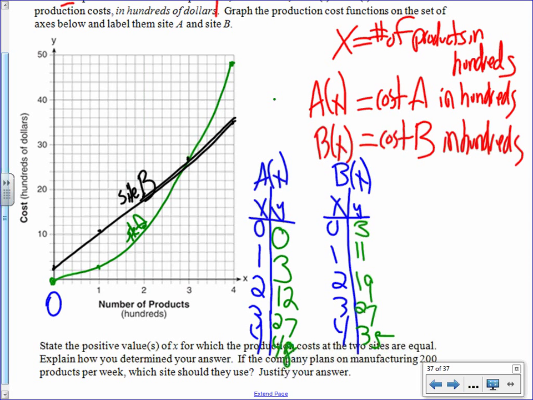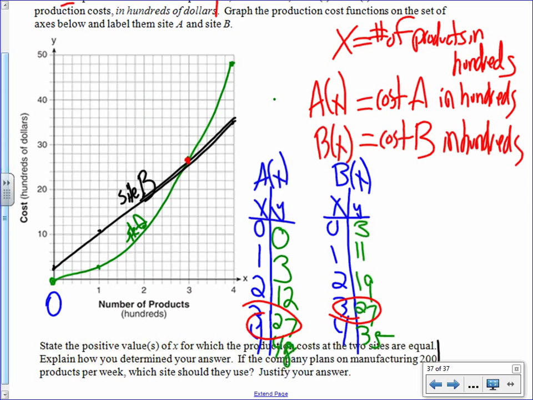State the positive values of x for which the production cost of the two sites are equal. Well, they're equal where they intersect. They intersect right here. What's the x value? Positive values of x. The x value is 3. I also know in the table that it's 3.